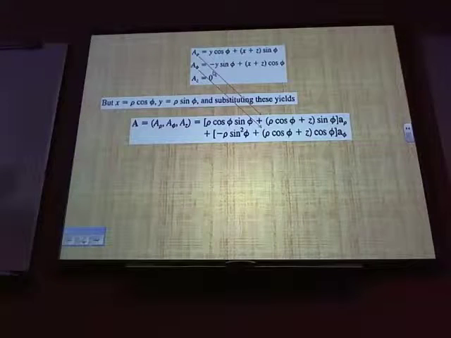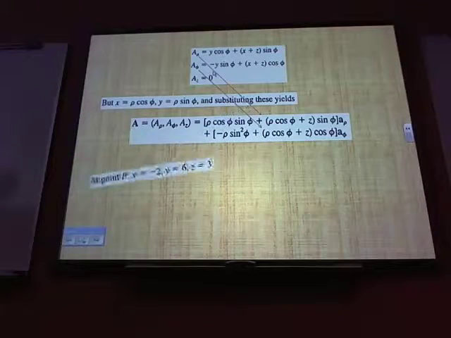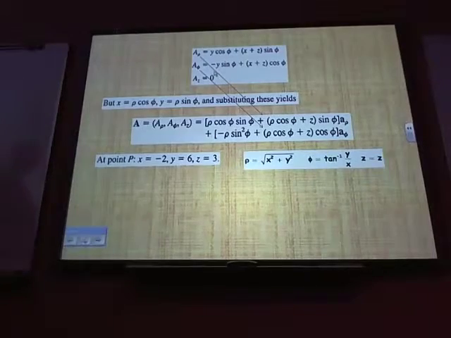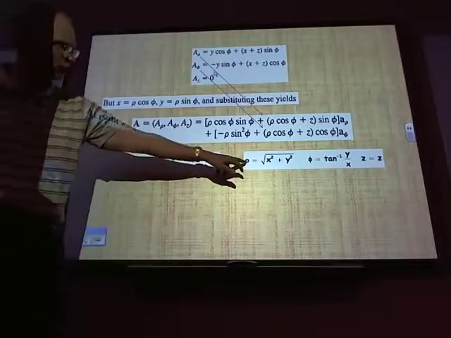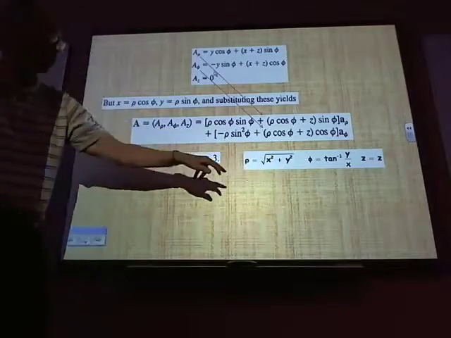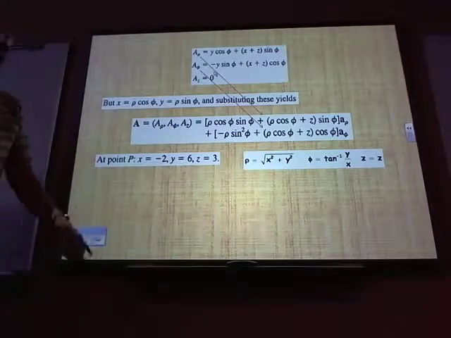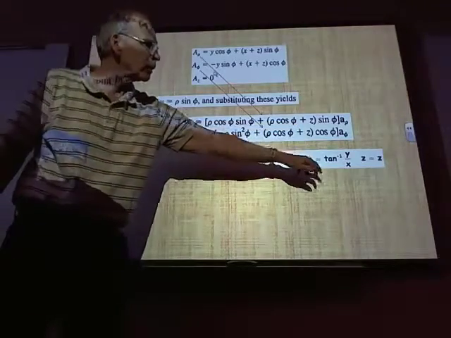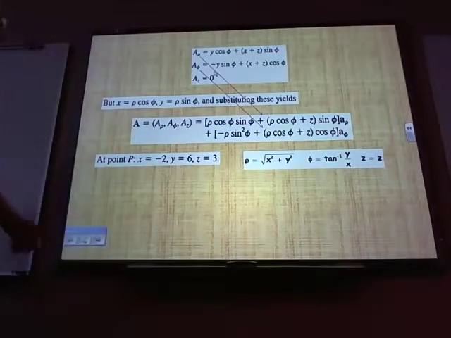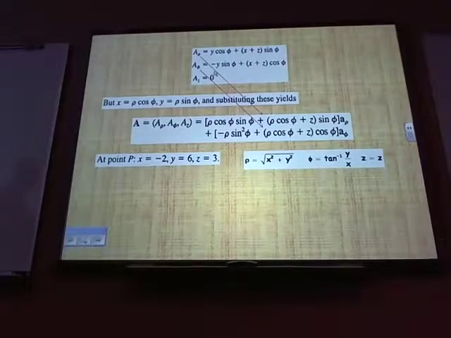Okay? Just substitute those in. Now, when I take x and put these values into these equations right here, I'm going to have the rho I need to put in here. I'm going to have the phi that I need to put in here, and z doesn't change. It's going to be 3. You see what we've done?